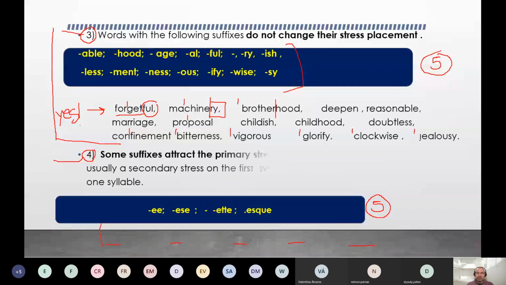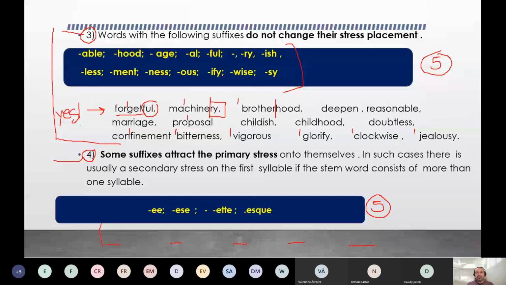So there are 5, 5, and 5. I will tell you why there's a number 5 after the break, and only if you join the second part of this lesson, all right?